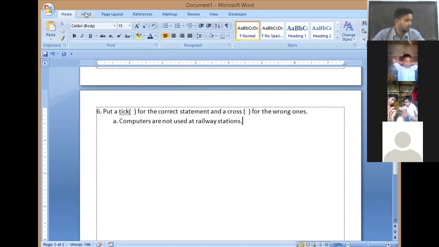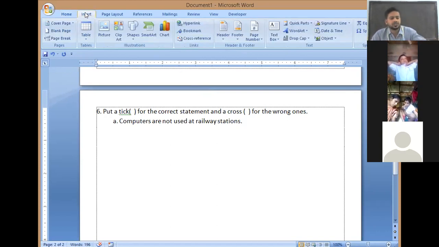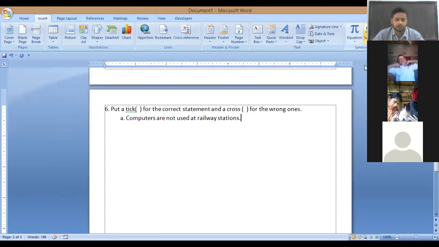It's a wrong statement, so for that we put a cross here, since it is wrong.